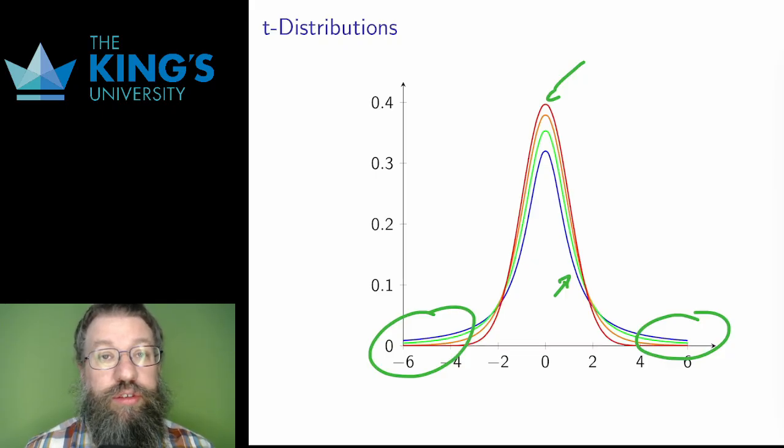Like the chi-squared distribution from the last video, t-distributions have a parameter called degrees of freedom. The blue curve here is the t-distribution with only 1 degree of freedom, the green is with 2 degrees of freedom, the orange with 5 degrees of freedom, and the red curve, which I said earlier was normal, is actually the t-distribution for 100 degrees of freedom. As the degrees of freedom increase, the t-distribution becomes more and more like the normal distribution.